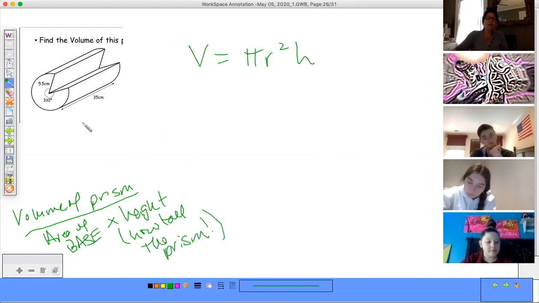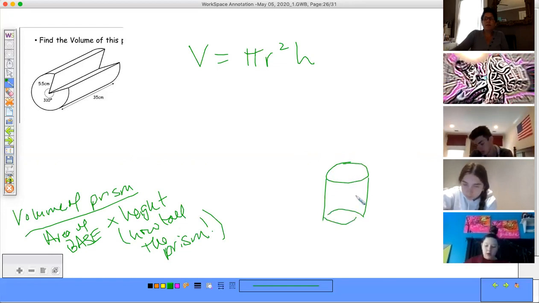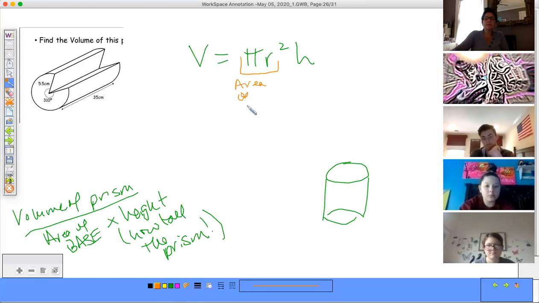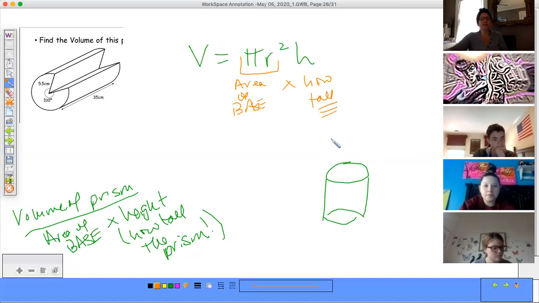If you look at a cylinder, the base is in the shape of a circle. Is everybody okay with that? If I'm going too fast, slow me down a little bit, okay? So this is the area of our base, right? This is times how tall. That's what the height is, how tall the prism is, okay?